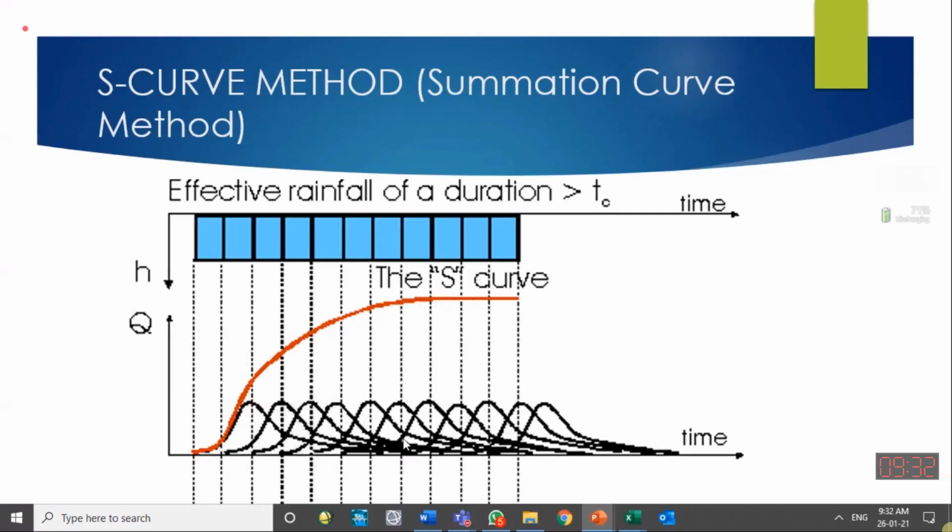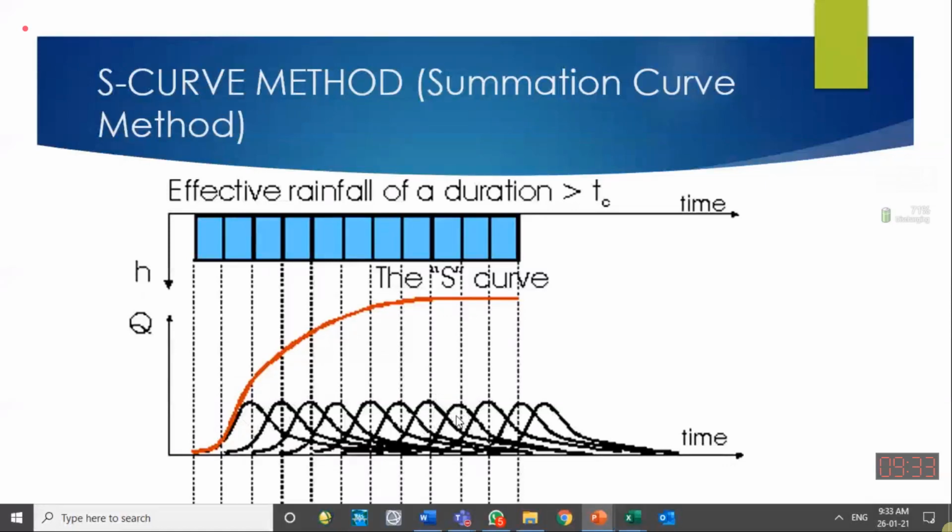These lagged hydrographs are actually representing the continuous rainfall in this basin. And when we have a continuous rainfall of very large duration, the hydrograph shape becomes stagnant, and the effect of the next hydrograph is being compensated by the reduction of the first hydrograph and then the next hydrograph.